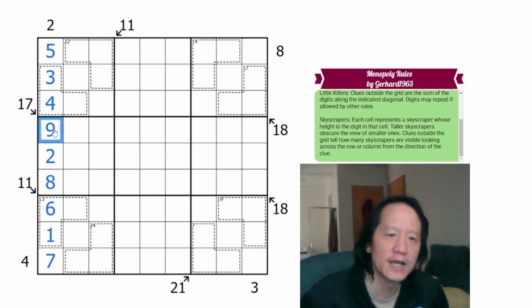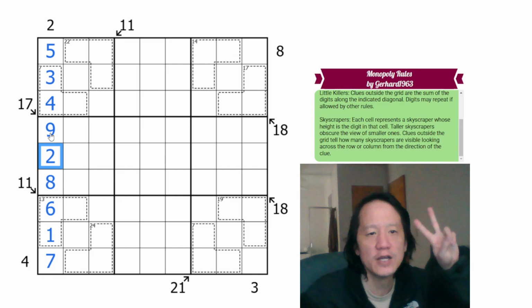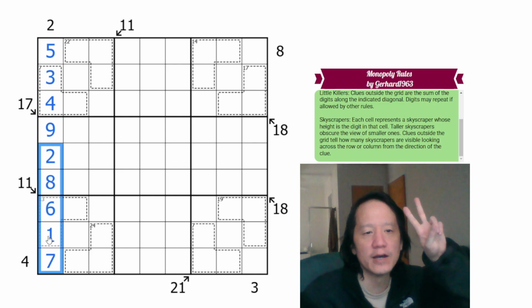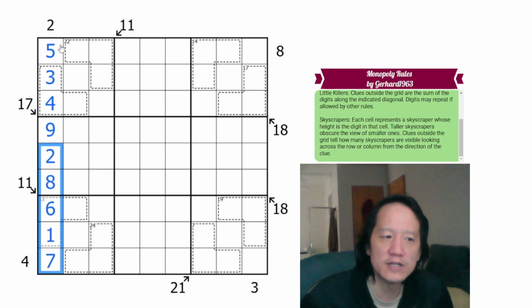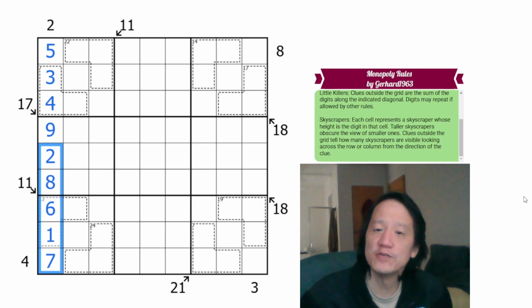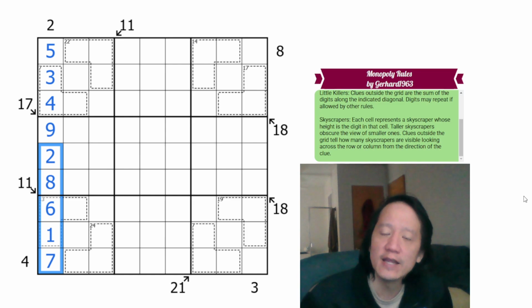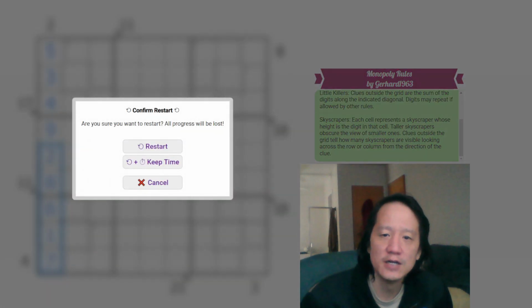Then it sees the 9, which is 2 skyscrapers, but it can't see anything beyond that because the 9 blocks all the other skyscrapers in this column. So that's an example of how skyscrapers work. And those are all the rules. If you'd like to play along, there's going to be a link in the description. And now, I'm going to get started. Let's learn how to Sudoku.